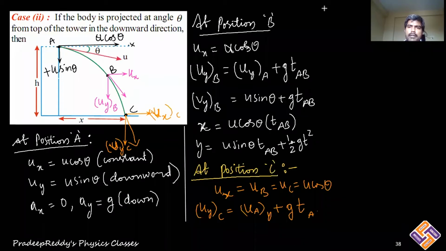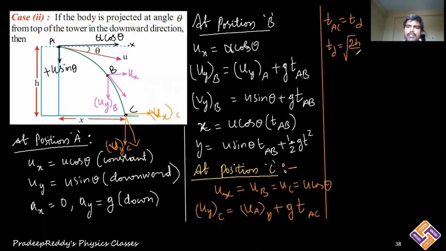But what is time taken to travel from A to C? Time taken to travel from A to C is equal to time of descent. Therefore, time of descent is simply written as under root 2h divided by g. You can use that time of descent equation in this expression.